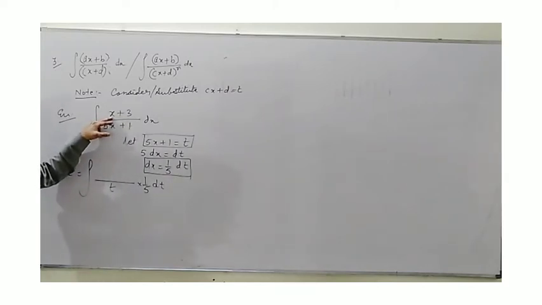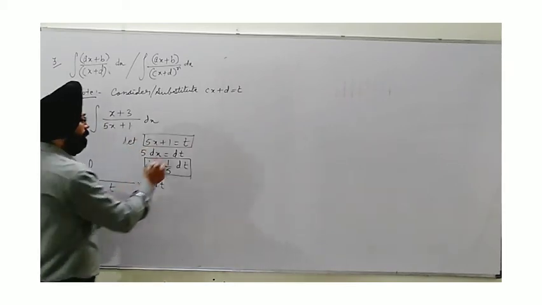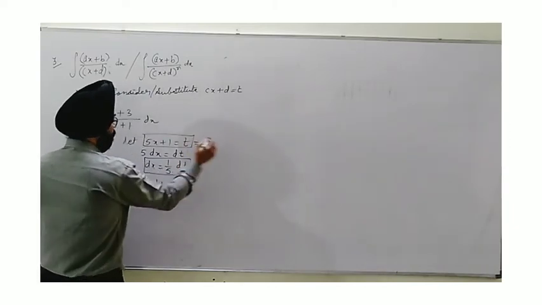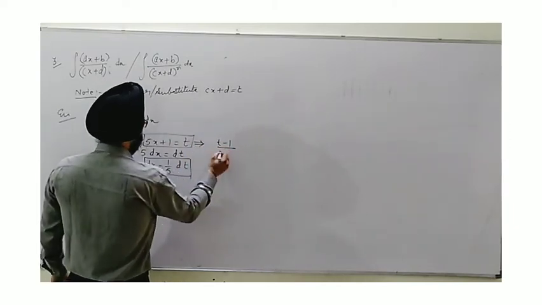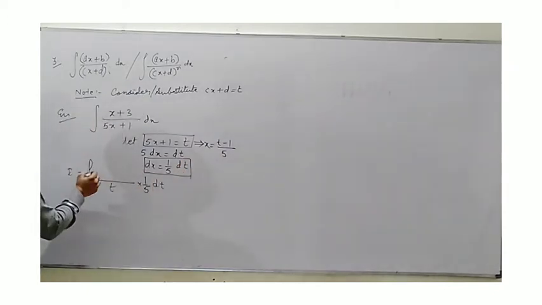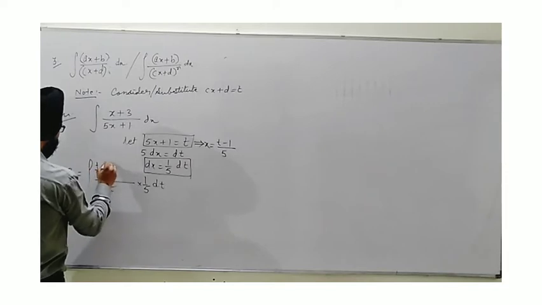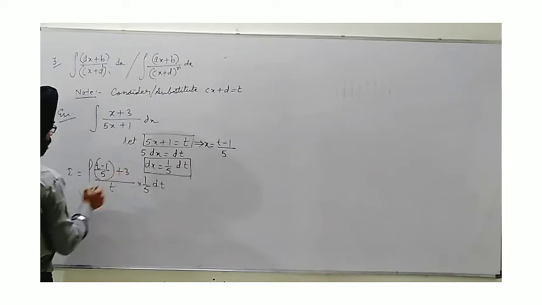As we are converting the integral in terms of variable t, in place of x we have to put the value in terms of t only from the relation. So this implies t minus 1 upon 5 is the value of x.